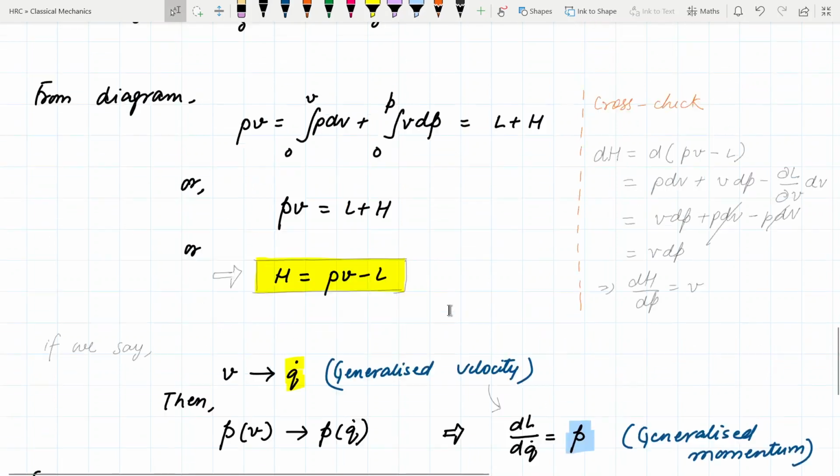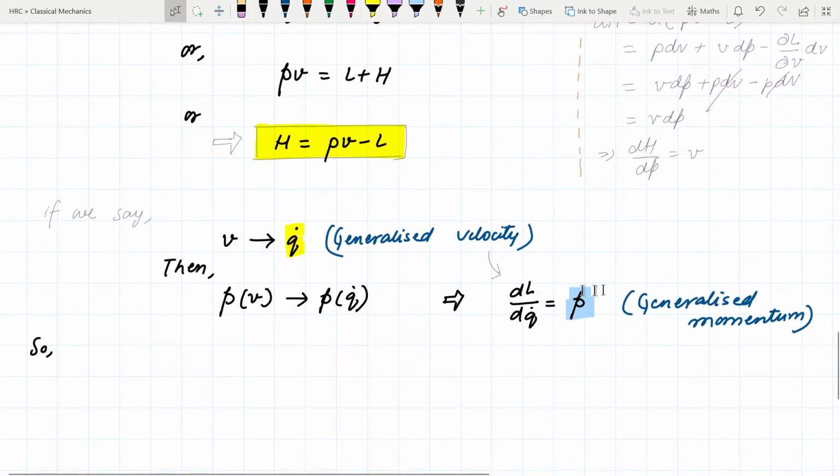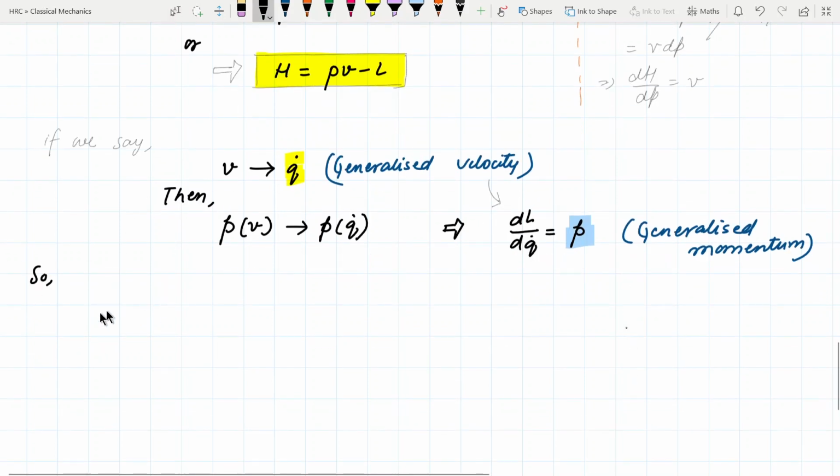So in this transformation, v is represented by the generalized velocity and p is represented by the generalized momentum. So we finally have a transformation between the Lagrangian and the Hamiltonian.